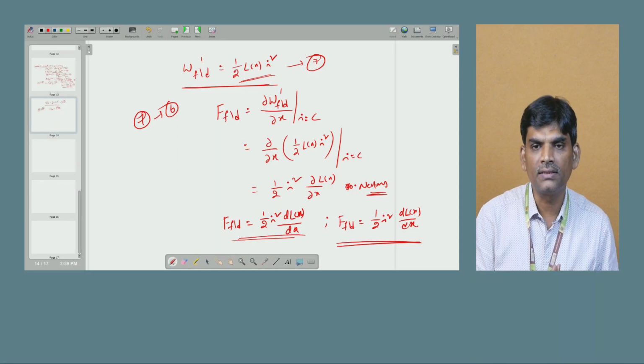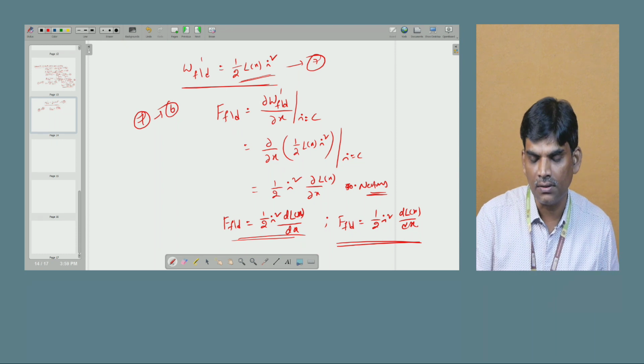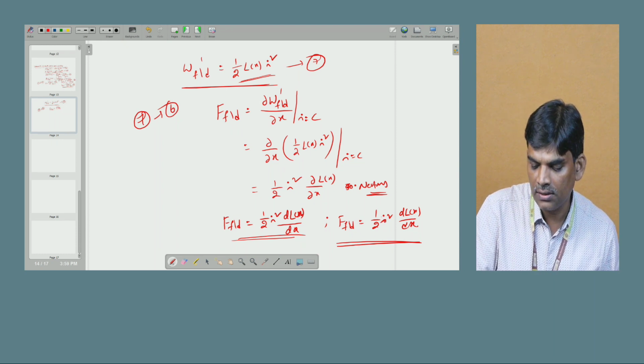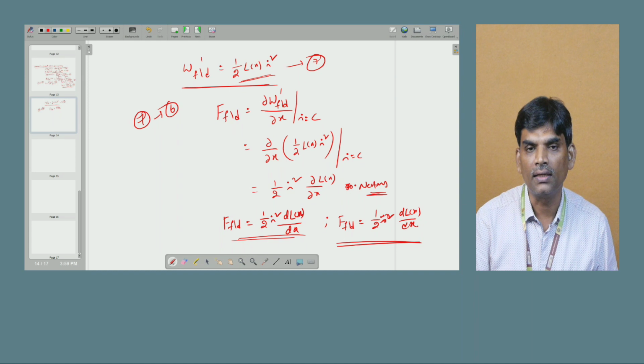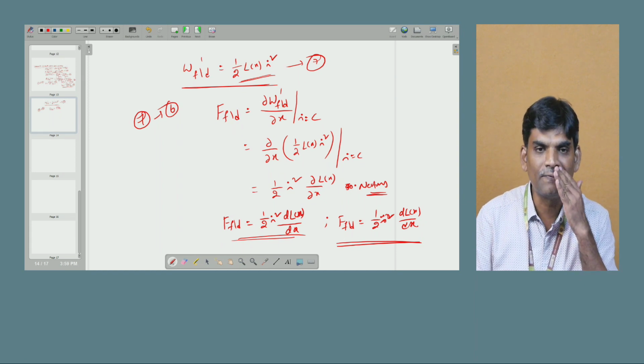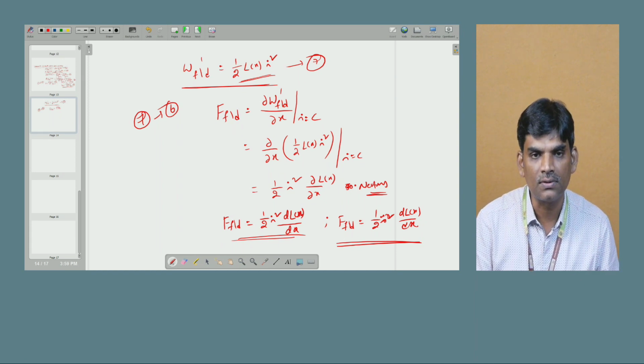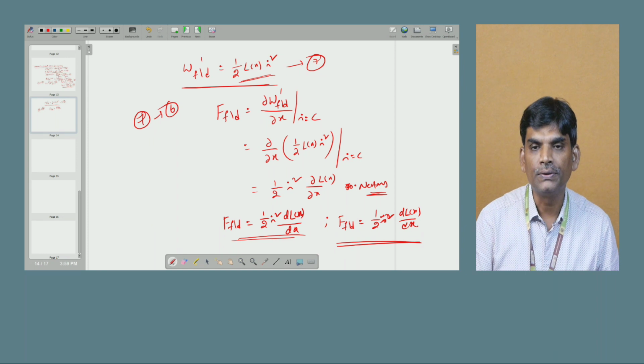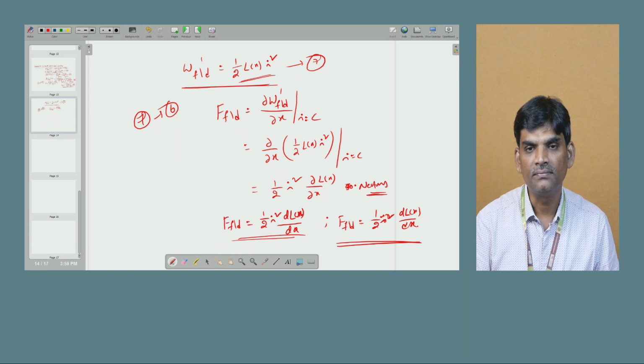But in the single excited system, here the value is calculated directly from the current, whereas previously the field energy magnetic force was calculated from lambda square by 2L of x. So this is the derivation of magnetic force for a single excited system from coenergy. Thank you.